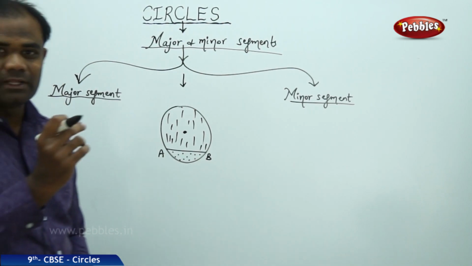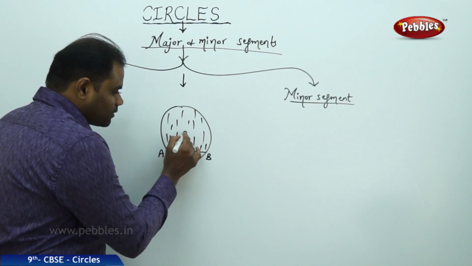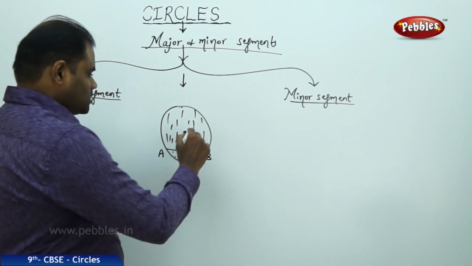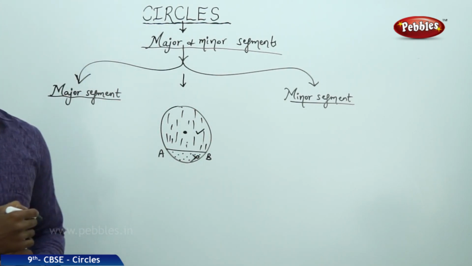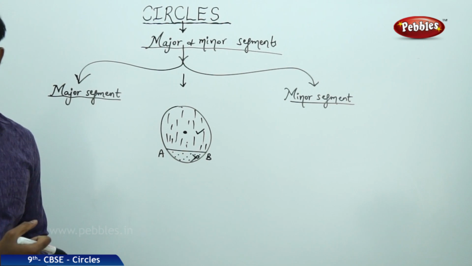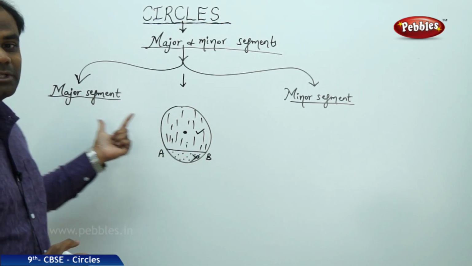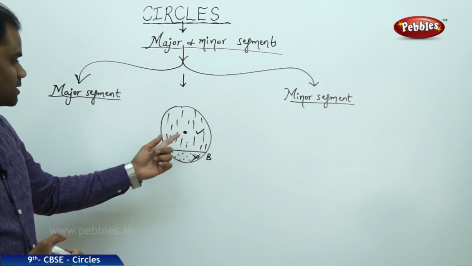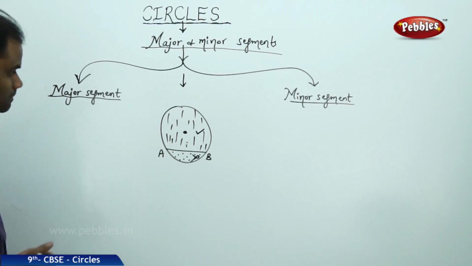Geometrically I identify that only one segment has the center of the circle, while the other does not. This is the property through which we classify the segments into major segments and minor segments. So let's first take the segment which has the center of the circle.